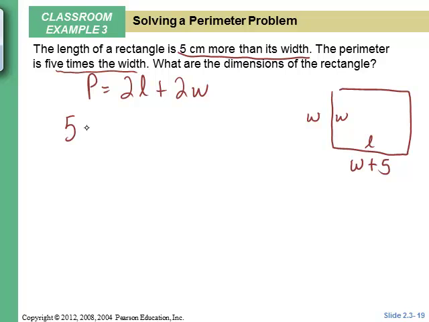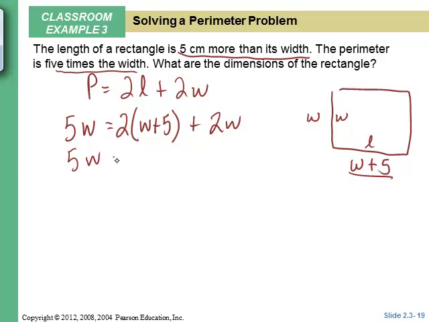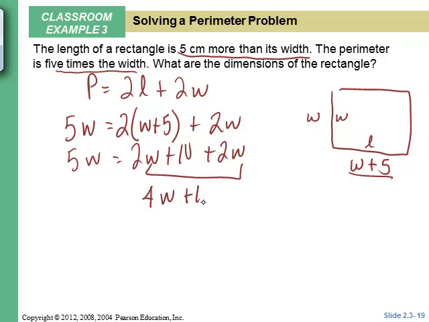So 5W is, the length is W plus 5, so 2 times W plus 5 plus 2W. Let's multiply it out. 5W equals 2W plus 10 plus 2W. Combine our W's, we get 4W plus 10. 5W equals 4W plus 10.